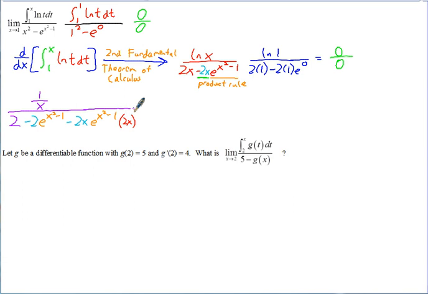And then if we substitute in 1, what x was approaching, we get 1 over 1 divided by 2 minus 2 e to the 0 minus 2 times 1 times e to the 0, again substituting in 1 for x, and then 2 times 1.